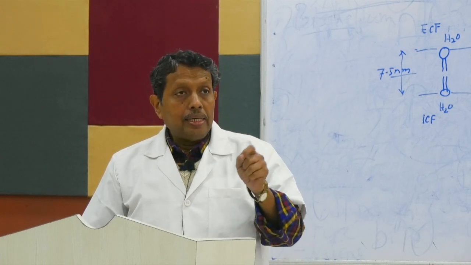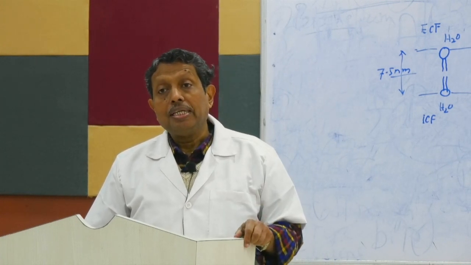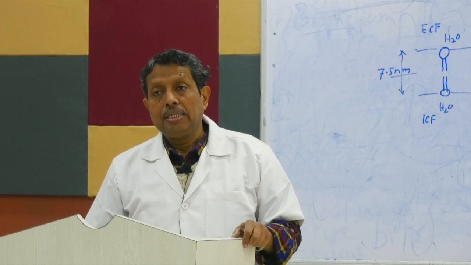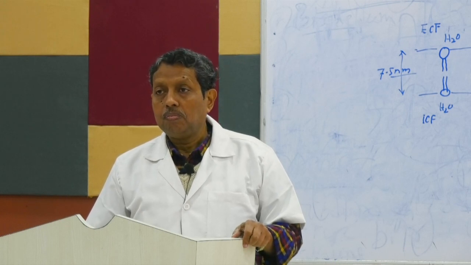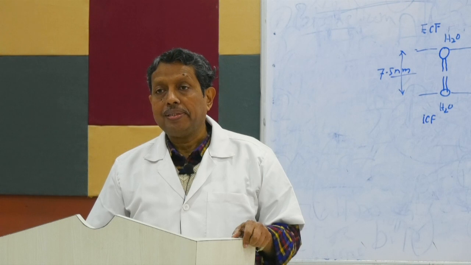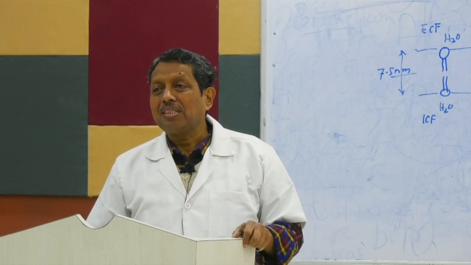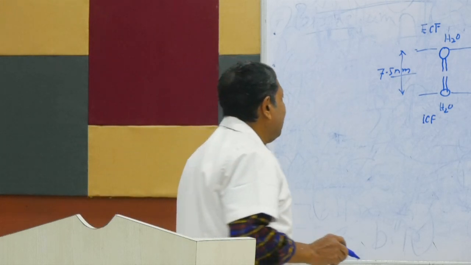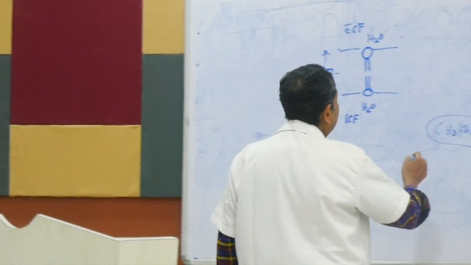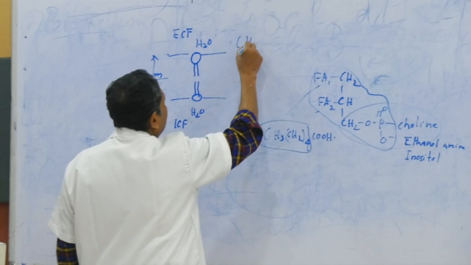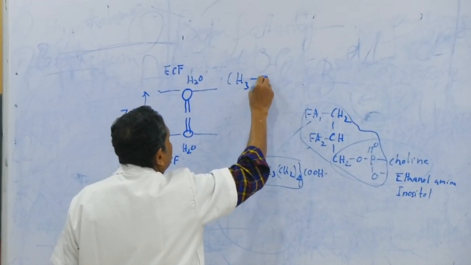And when a fatty acid moiety is attached to it, it is called ceramide. The detailed structure you can find in biochemistry texts. It is like that. I can commit mistakes, but in this way they are.